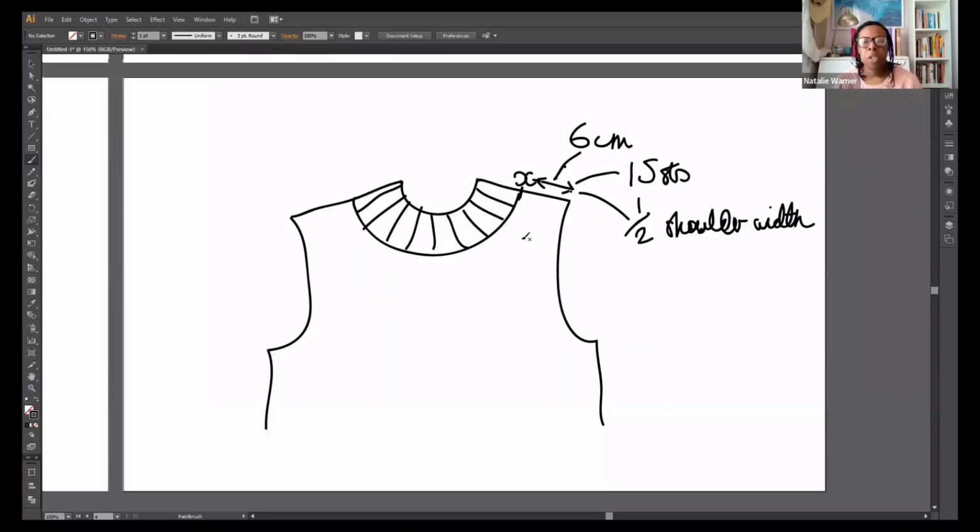So if we know that X is half the shoulder width, then it doesn't matter if the shoulder in question measures 10 centimeters, 12 centimeters, 14 centimeters, you'll still be able to find half. And so whichever body you draft or grade for, as long as you know the shoulder width, you can find that particular mark for the pattern and know that the neckline starts there.